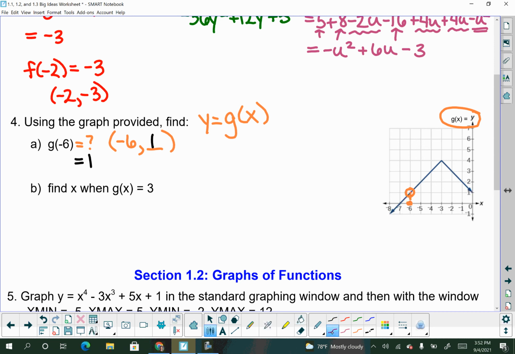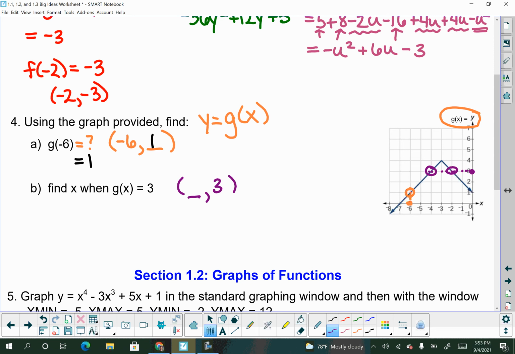The one below it says find x when g of x equals 3. Now this means I have a y coordinate of 3, and the x is what I'm finding. So we're going to use our graph a little backwards. Now I'm going to start on my y-axis, and then I'm going to look left to right. In this case, the graph is to the left. I have to go 2 units to get to my graph, and then you'll actually notice if I keep going, there's one other place on this graph where we have a y coordinate of 3.